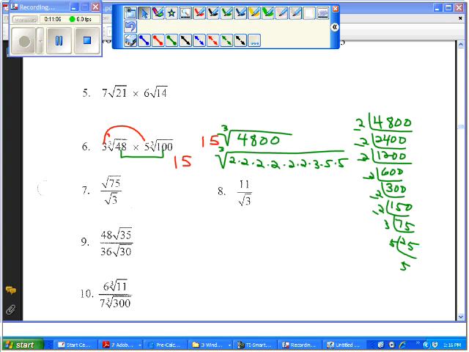Now the index is 3, cube root. So we circle sets of 3. We got a set of 3 2s. There's not a set of 3 of anything else, right? So from that set of 2s, we would pop out a 2.